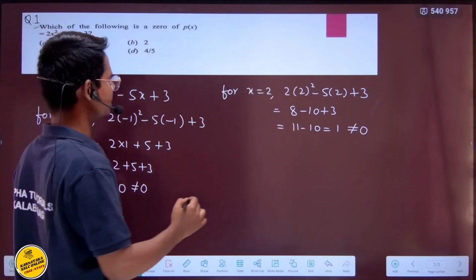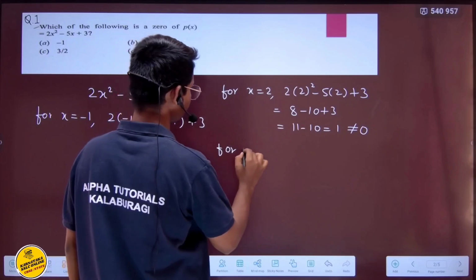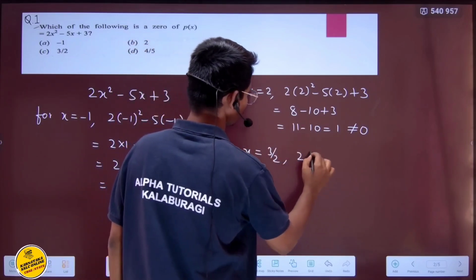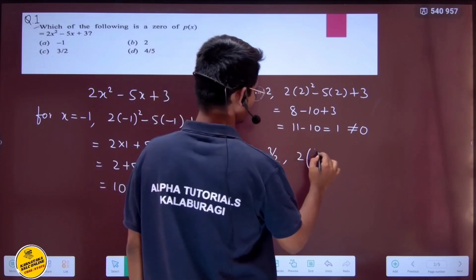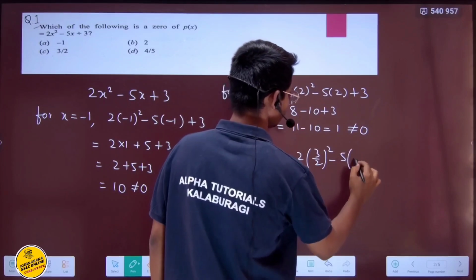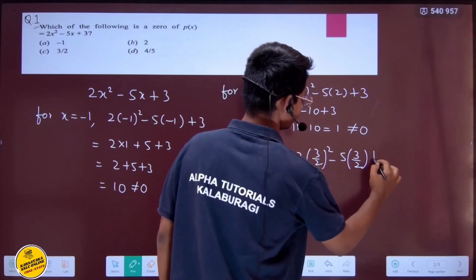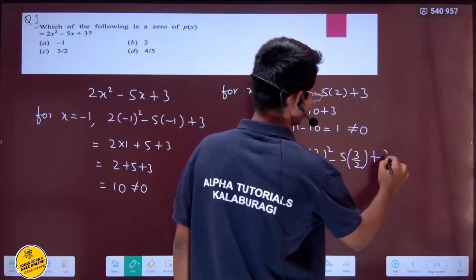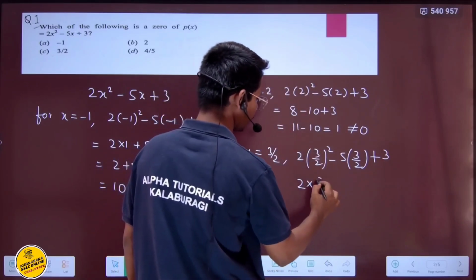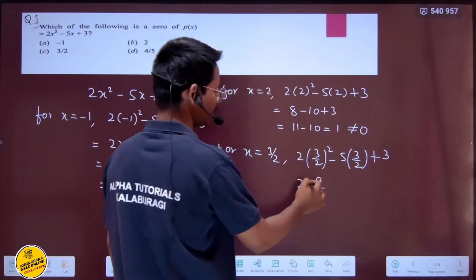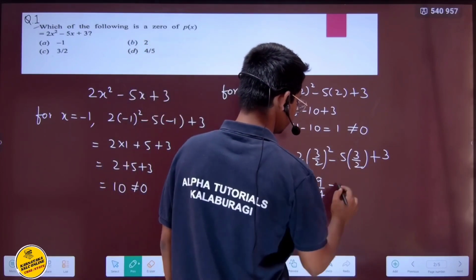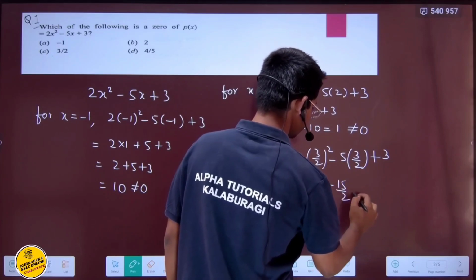I'll go with the next option, x equal to 3 by 2. So 2 of x value 3 by 2, square, minus 5 of 3 by 2, plus 3. So 3 square is 9, 2 square is 4, I can put it into brackets, minus 5 into 3, 15 by 2, plus 3.